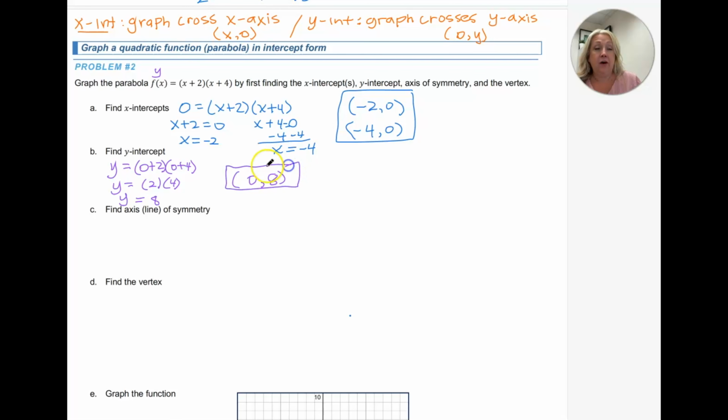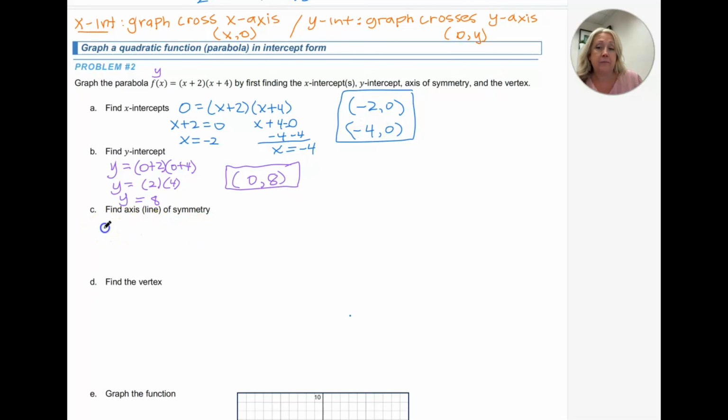All right, now the line of symmetry. A cool thing about parabolas is their symmetry. Remember how we said the vertex goes right through the center of that parabola, and so the line of symmetry is going to cut through that vertex. If we can find exactly halfway in between these 2 points, we'll know where the vertex is.